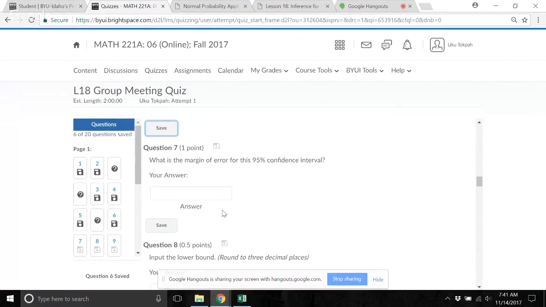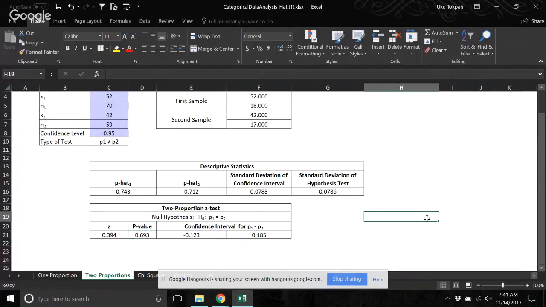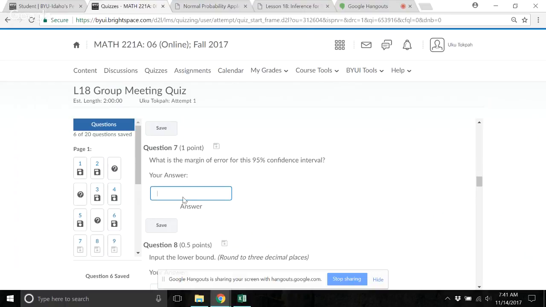You agree with that? Yeah. I think in the last homework we did, they asked for the first point estimate, which is the first p-value that you have. At least I selected that on the last quiz and I got it right. Next is the margin of error.